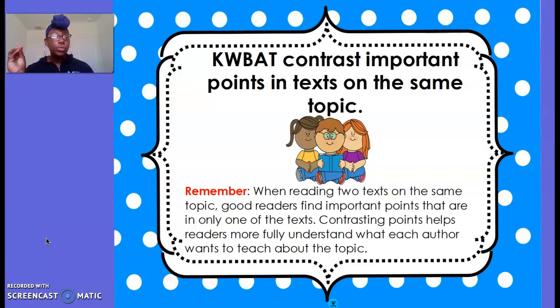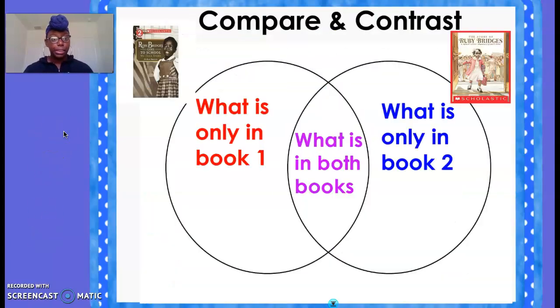So we're finding what's unique in one of the texts and we're showing how the texts are different even though they're talking about the same topic. Contrasting points help readers more fully understand what each author wants to teach about the topic. So let's get right to it.